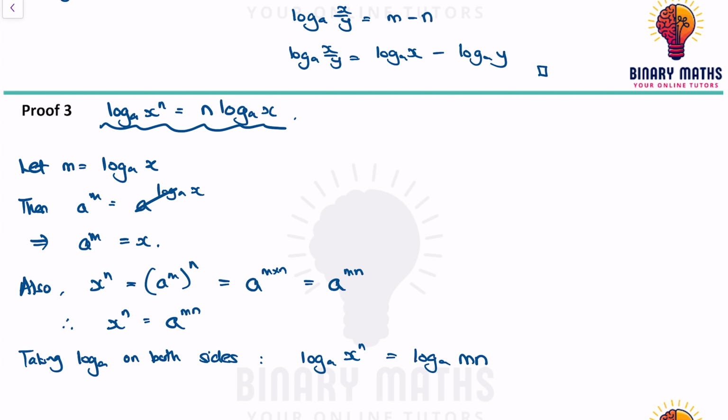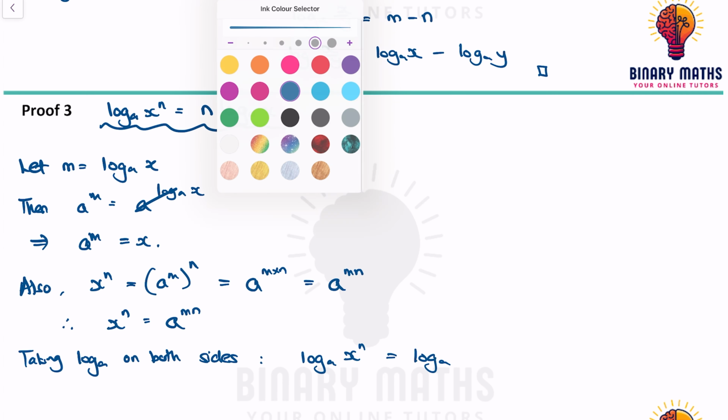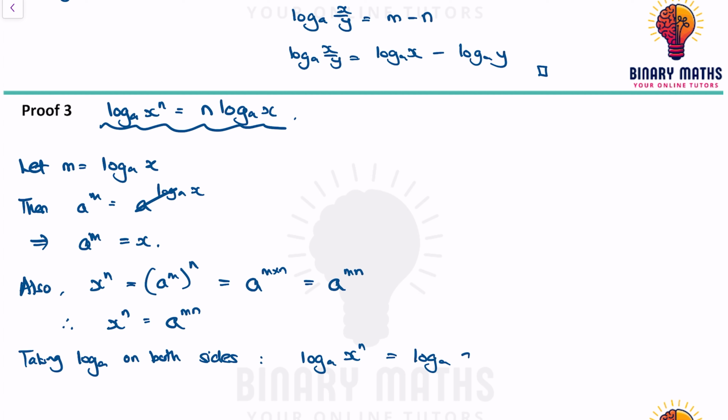Oh, this is not right. So we're taking logs of this, which is log base a of a to the power of m times n, which cancels out. So I get log base a of x to the n is equal to m times n.